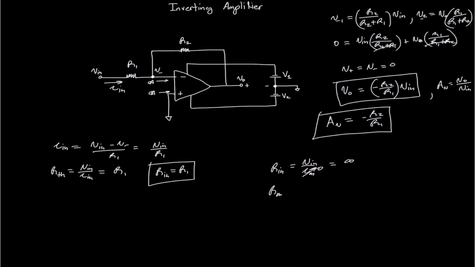So for a non-inverting amplifier, R in is equal to infinity, and that stops the circuit from drawing current from the source. And as we know, the inverting amplifier does not prevent that because the input resistance is finite. So basically, that's it for the inverting amplifier.